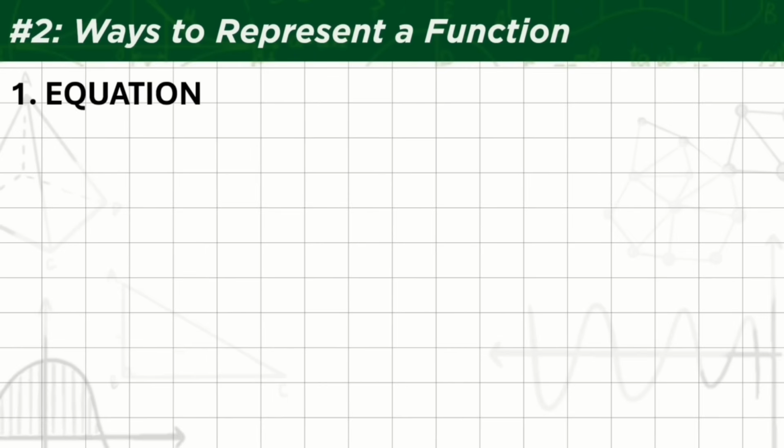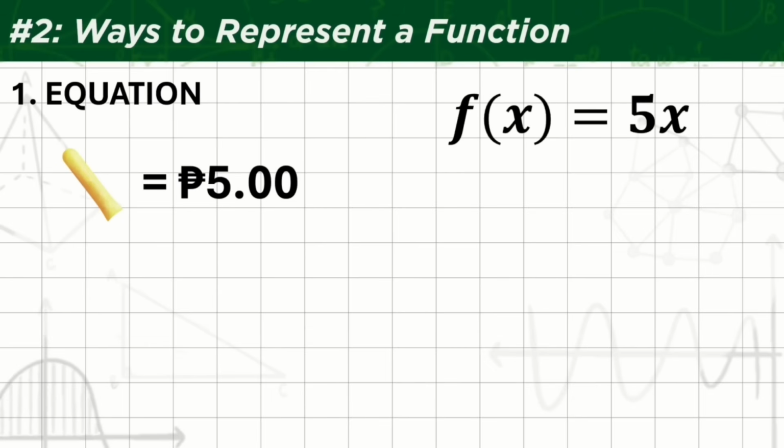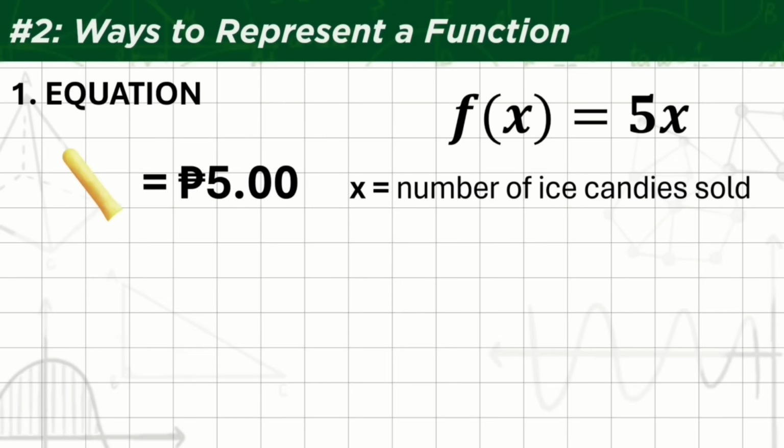First, equation. An equation is like a math rule. Here, if you earn 5 pesos per ice candy, the rule is f of x is equal to 5x, where x is the number of candies sold and f of x is the total earnings.